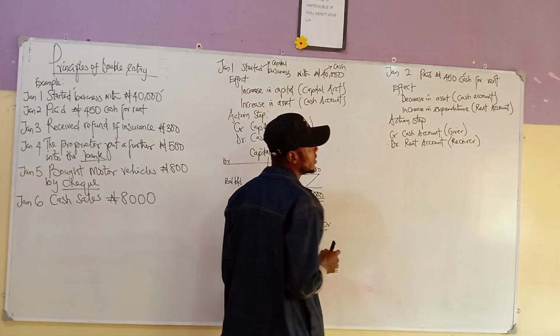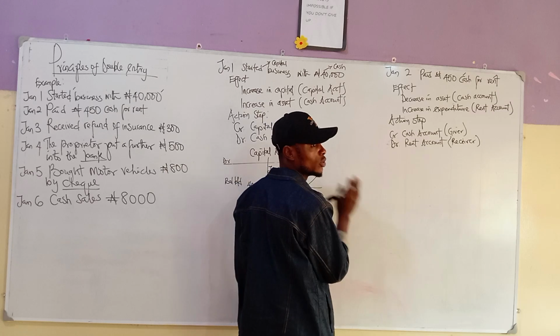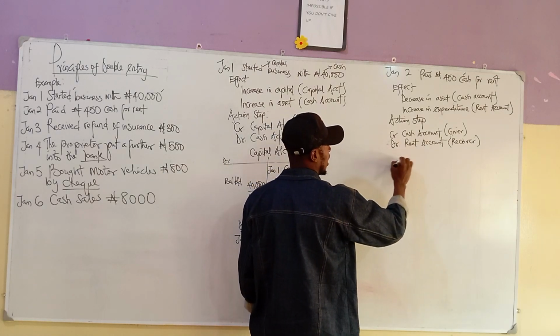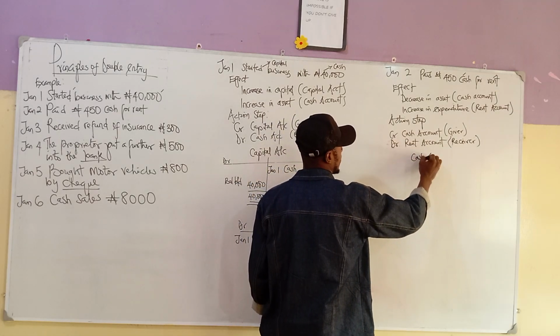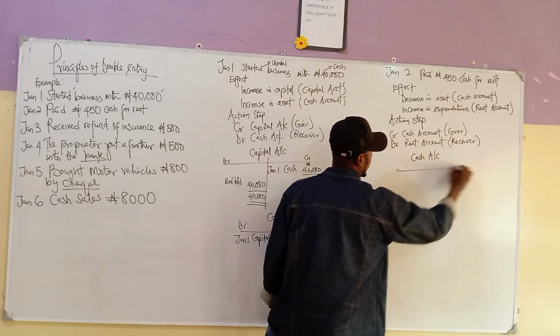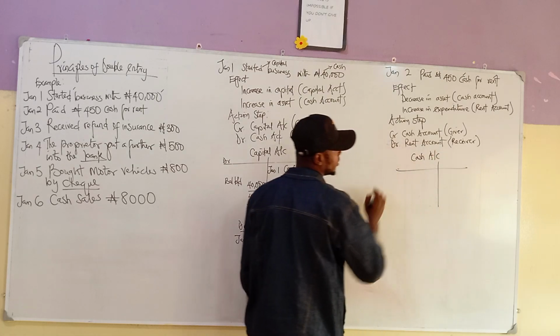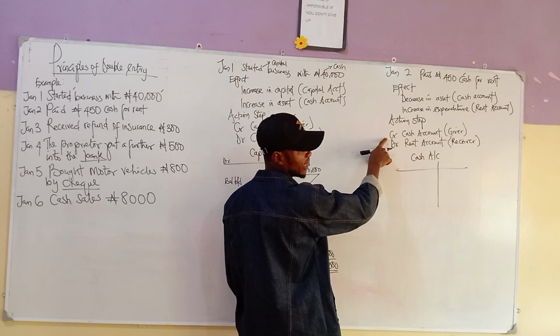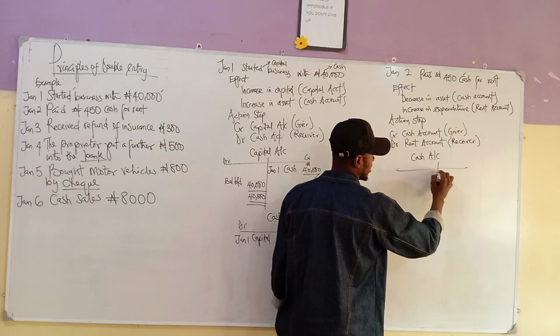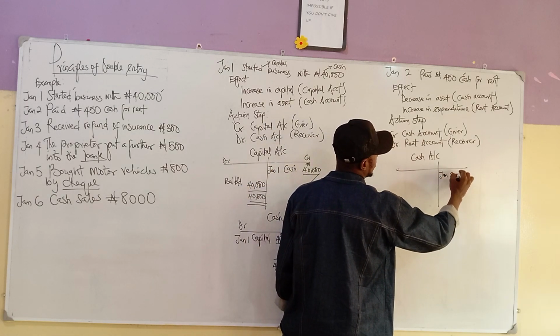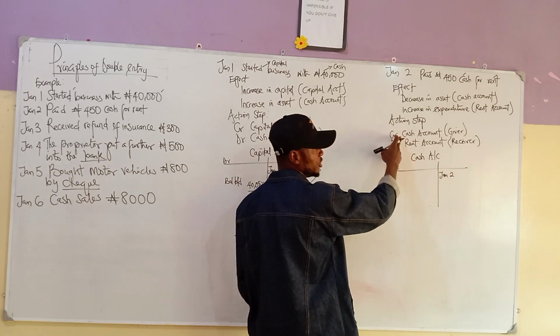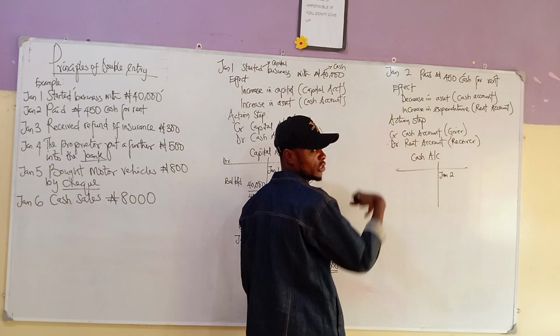Now, how do we make this posting? In order for me to post it into the ledgers, I'll start with my cash account. What are we doing? Credit the cash account. So I have my date, January 2nd. What transaction reduced the cash? What did we pay for?